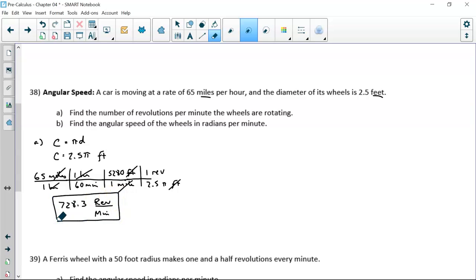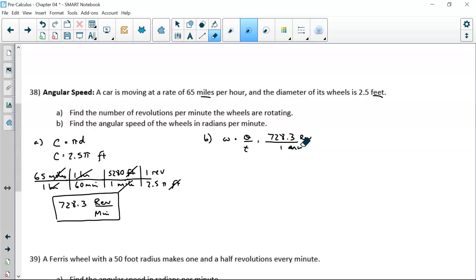Now we can find the angular speed. For part B, the angular speed omega equals theta divided by t. Now theta is our revolutions. We're going around the circle 728.3 times in every 1 minute.